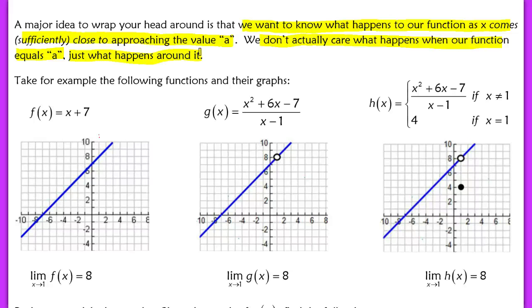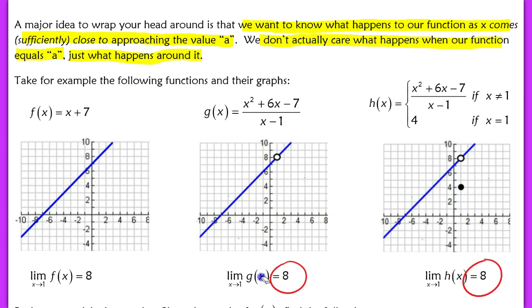So here I've got three different examples of functions and their graphs. Each of the graphs is pretty similar, but they're not exactly the same. The reason why I'm showing you these three graphs and these three functions is that each one of them looks different. However, they all have the exact same limit. The limit of each of these functions as x approaches 1 is the exact same.